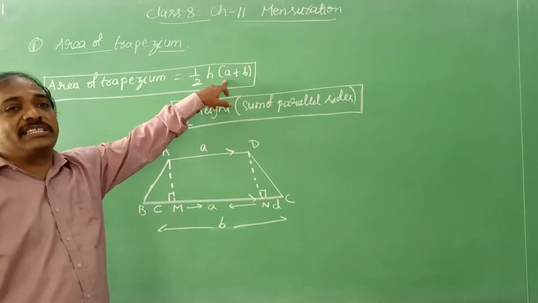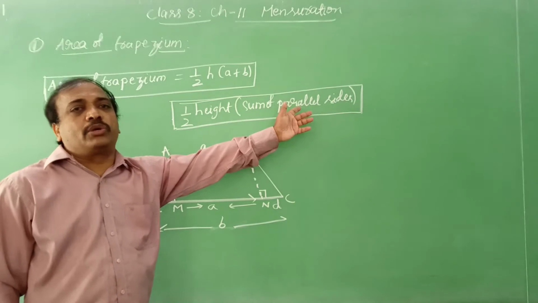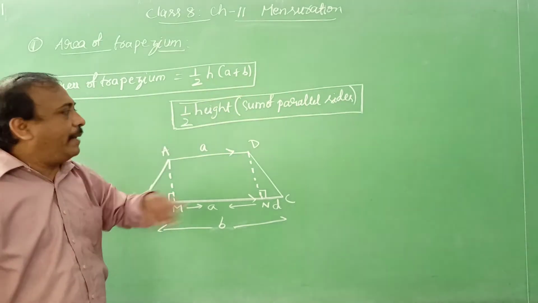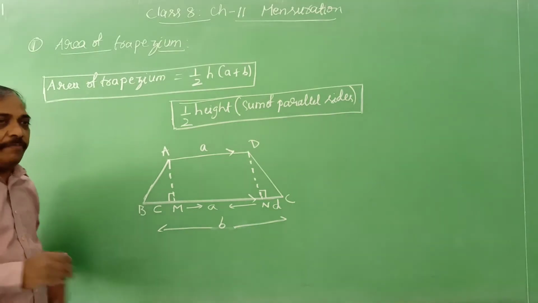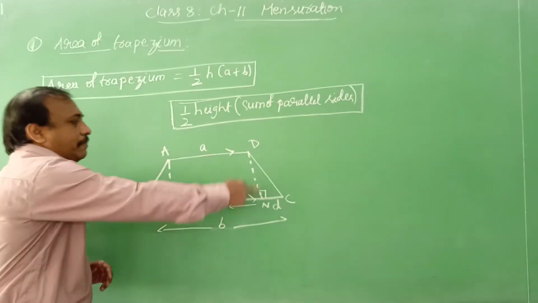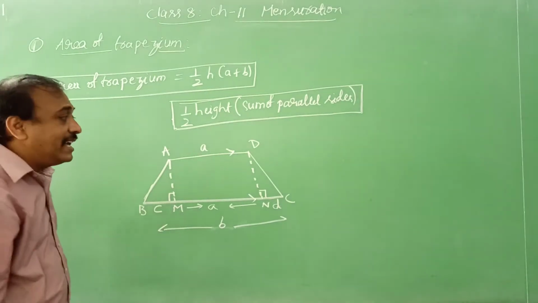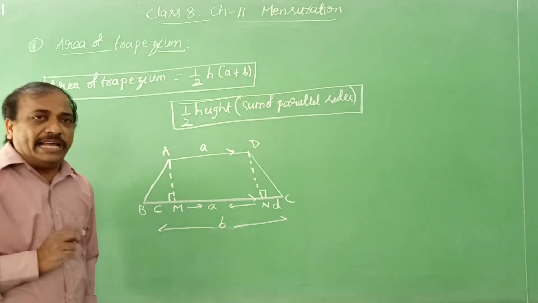A is the length of one parallel side and B is the length of the other parallel side. Supposing the trapezium is in a different way, like before we took one shape, now this is also a trapezium. Whatever the area of the trapezium is, half H into A plus B.